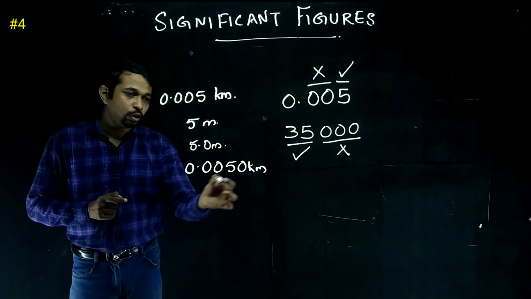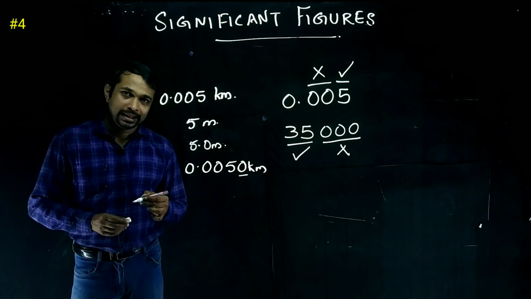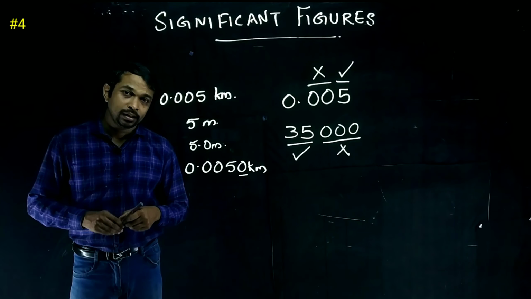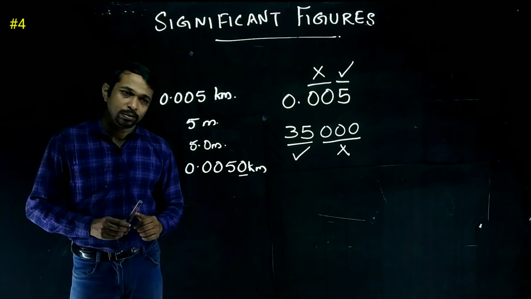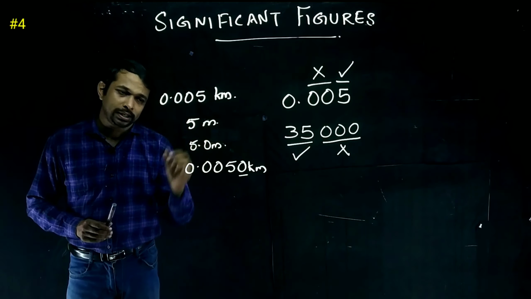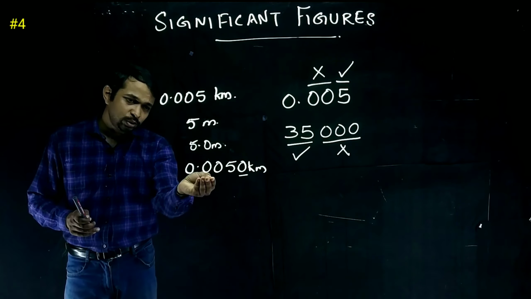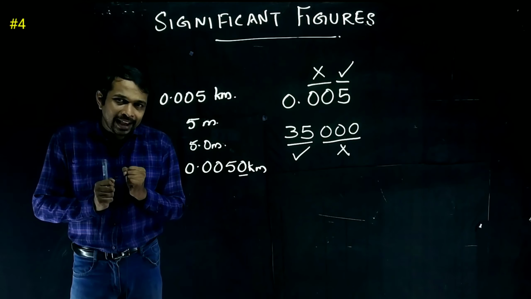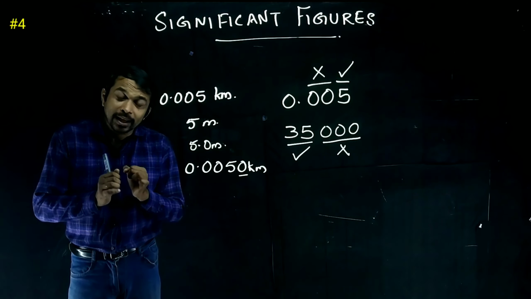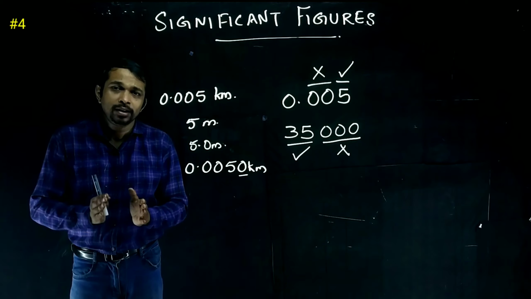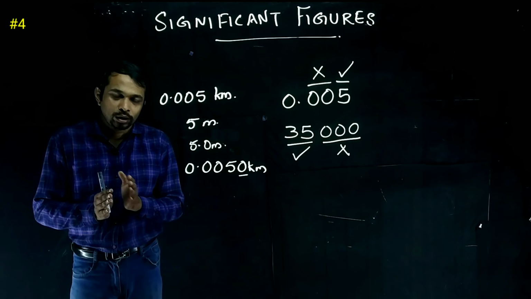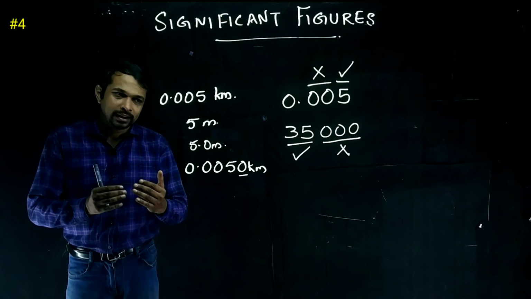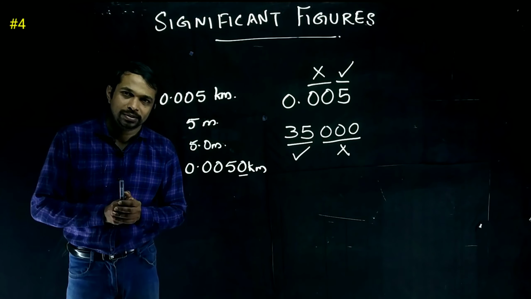And because we know the last one is significant, we have two significant values here and here also two significant values. But these two zeros are just holding their position. They are not interfering in the precision of these values.